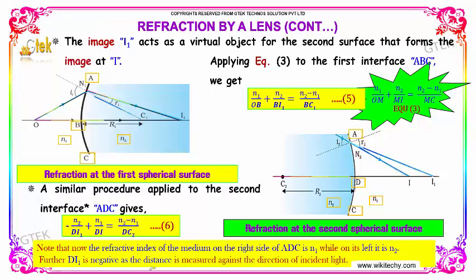Note that now the refractive index of the medium on the right side of ADC is n1, while on its left is n2. For DI1, the distance becomes negative as it is measured against the incident light.